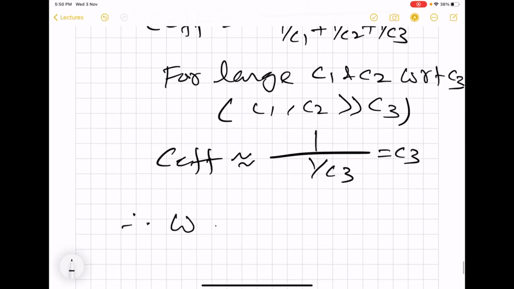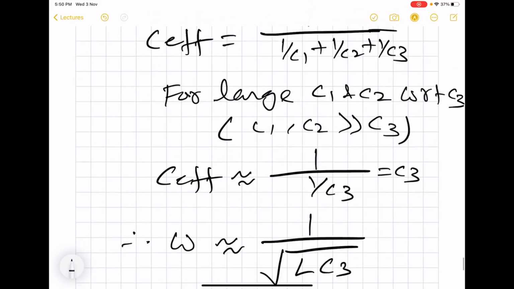Therefore, the oscillation frequency is effectively equal to 1 by square root of L C3. So it becomes sort of independent of C1 and C2.